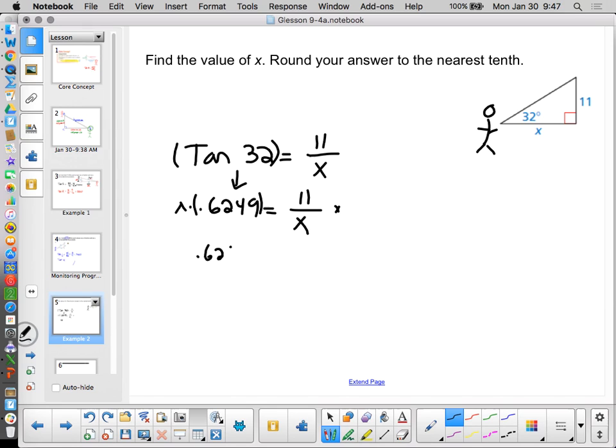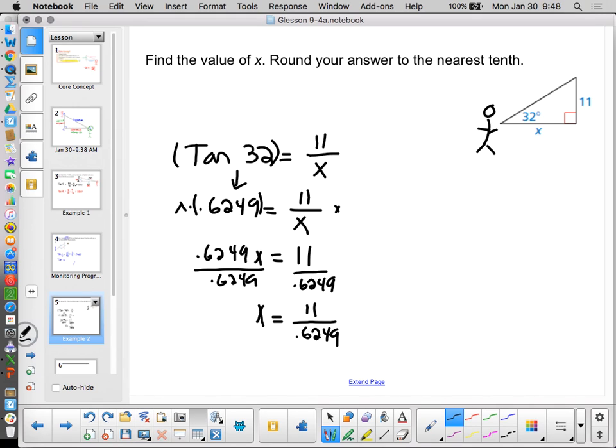So 0.6249x equals 11, and then divide by 0.6249. So x equals 11 over 0.6249. And if I do that, 11 divided by 0.6249, I get 17.6.